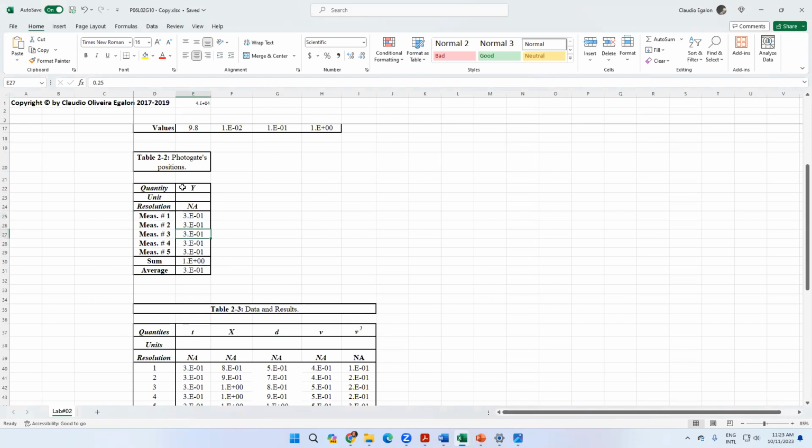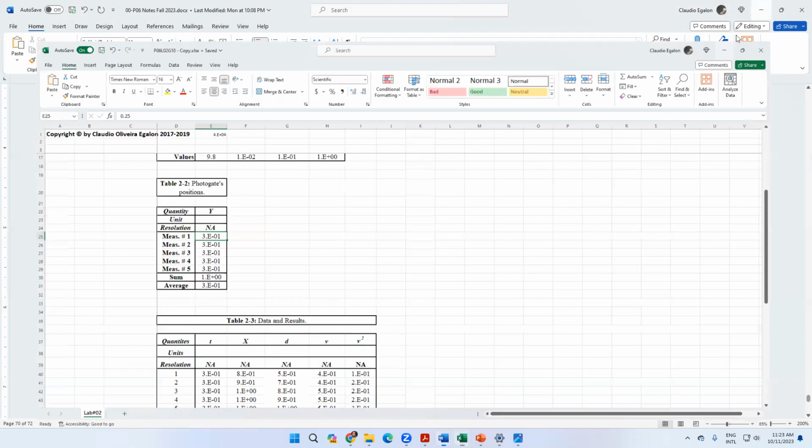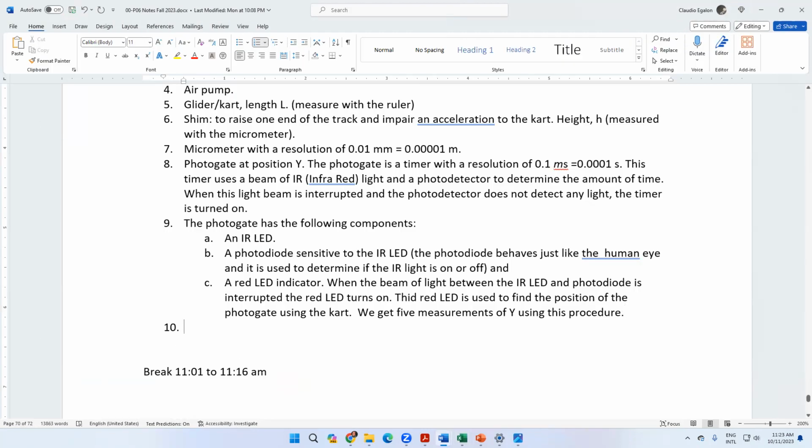About 0.25, they shouldn't change much, right? But don't forget, those Y measurements are measured with the tape, which has a resolution similar to that of the ruler, 0.1 centimeters, which is 1 millimeter, equal to 0.001 meters.